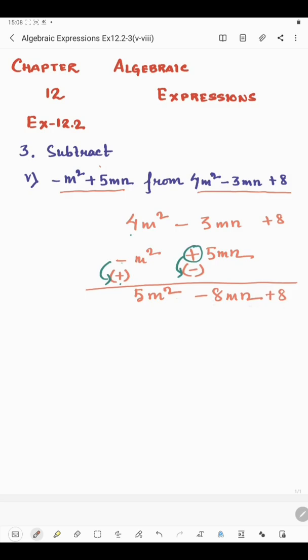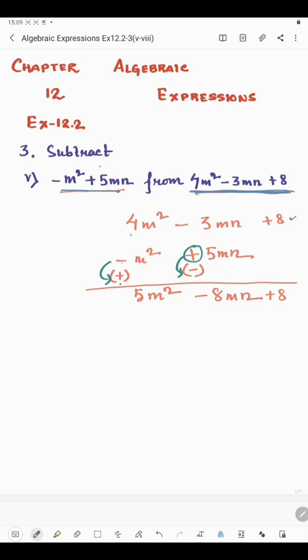So what you have observed is that if you are following the column method, when you have to subtract one expression from another expression, the one from which we have to subtract we will write on top. In this case we have written this on the top and this expression down.